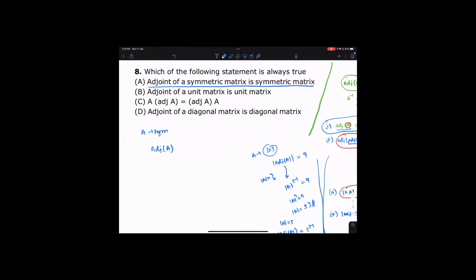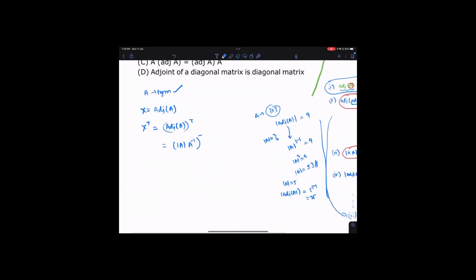What we have learned before: if some information is given and you need to find whether another matrix is symmetric or not, what you do, you take it as X. Now let's see what is X transpose. It is adjoint of A whole transpose. What is adjoint of A? Det A into A inverse, correct? Transpose. A scalar is there, so you can take it outside. A inverse whole transpose, det A into.